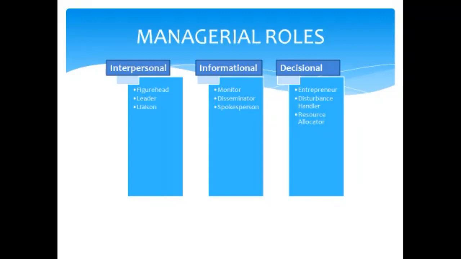Another important but unexpected disturbance is a disagreement among middle managers involving questions of jurisdiction, or let's say a sudden decrease in sales of the different branches of the organization. Thus, as a disturbance handler, the manager is expected to respond to such unwelcome pressures by formulating strategies and reviewing such disturbances. The last one is resource allocator.